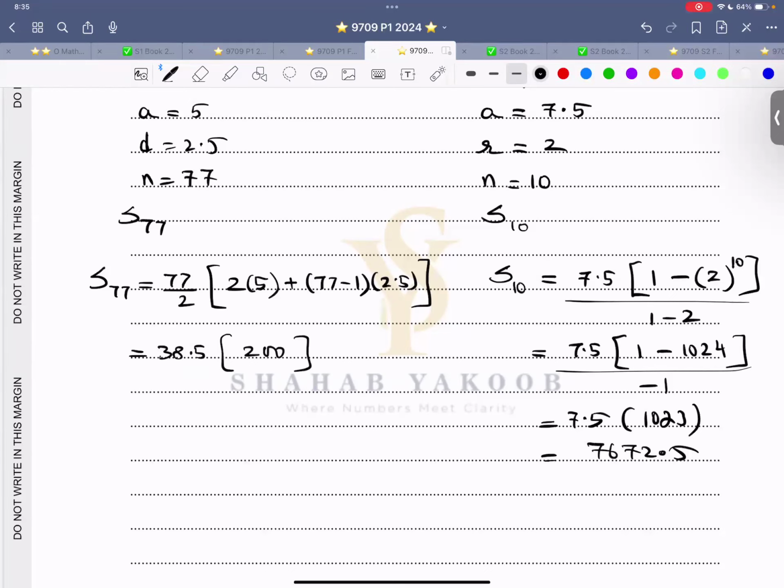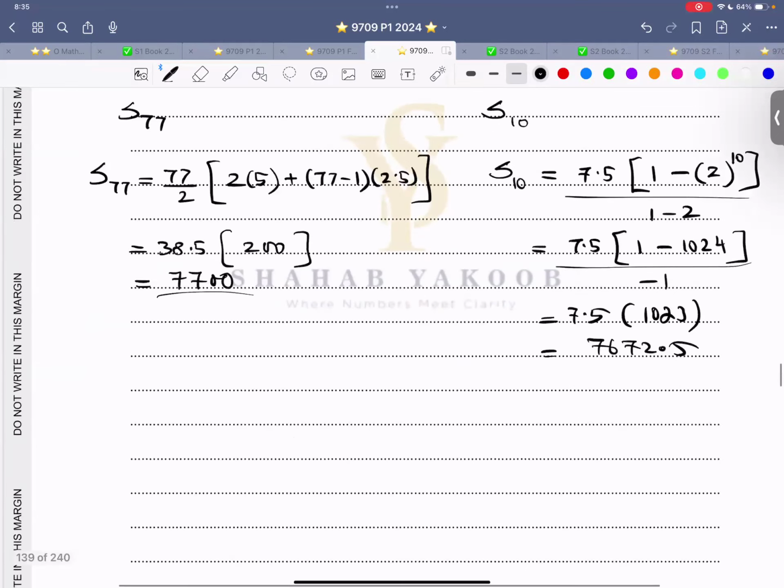So 200 into 38.5 comes out to be 7,700. So the sum of 77 terms is 7,700. Beautiful coincidence. Minus 7672.5, this comes out to be this much. So S77 minus S10. This is for the AP.